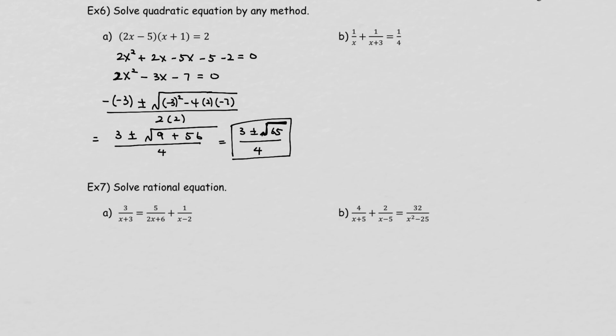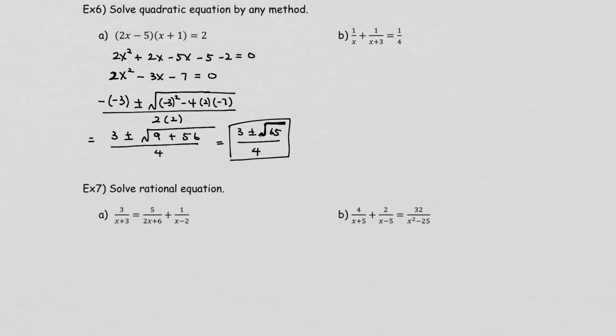What about if I see fractions like this? Then the first thing I wanted to do is multiply something to get rid of all denominators at the same time. So my LCD of this denominator will be 4x times x plus 3.